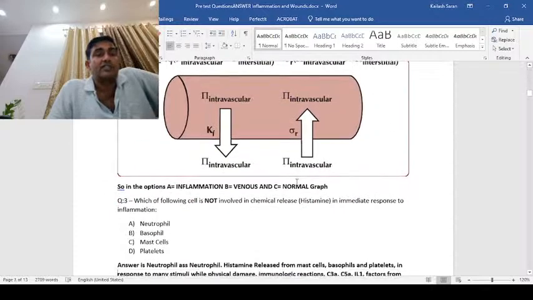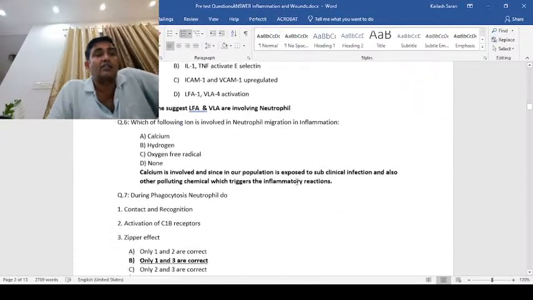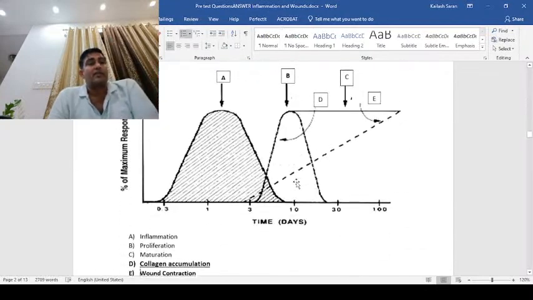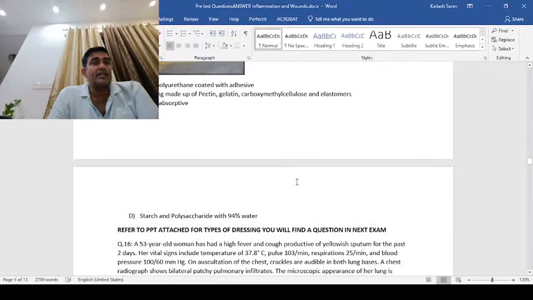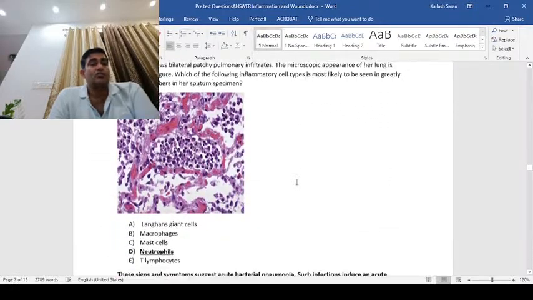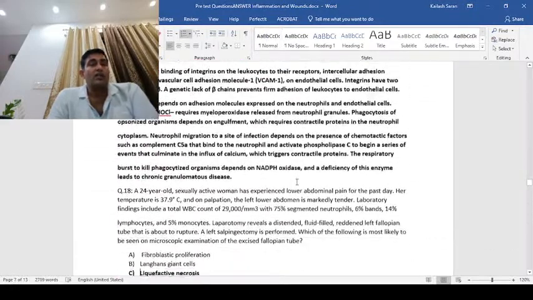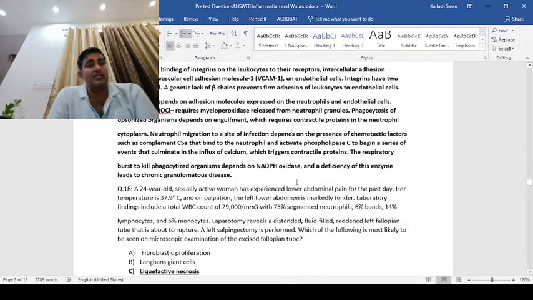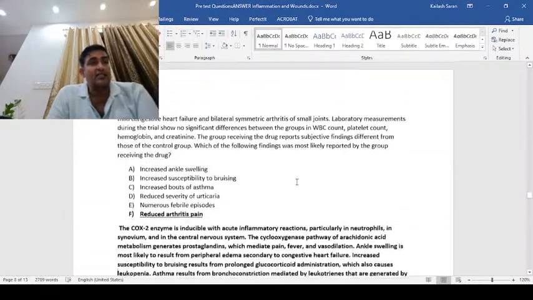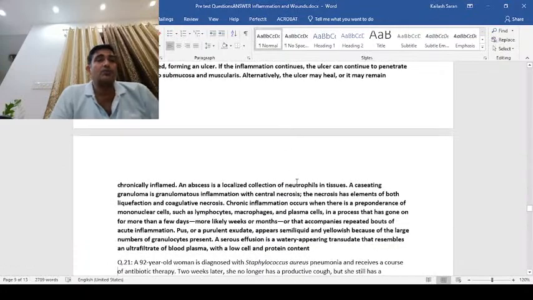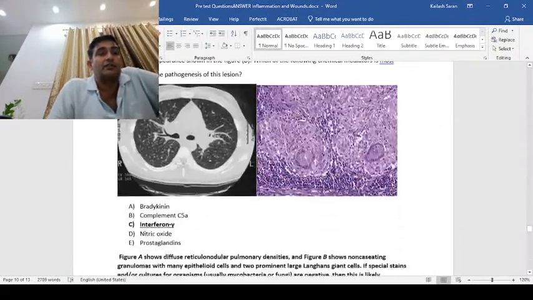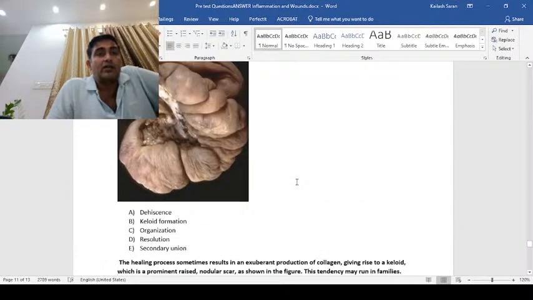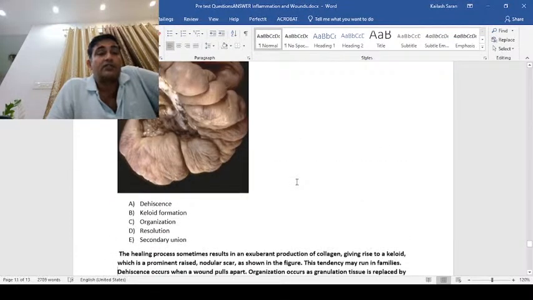So we discussed Starling's law and everything. You go through this and you will find the answers and descriptions there. If you go through these detailed answers, then definitely it will help you to understand the presentation effectively, and you will remember infections, inflammation and wound healing.